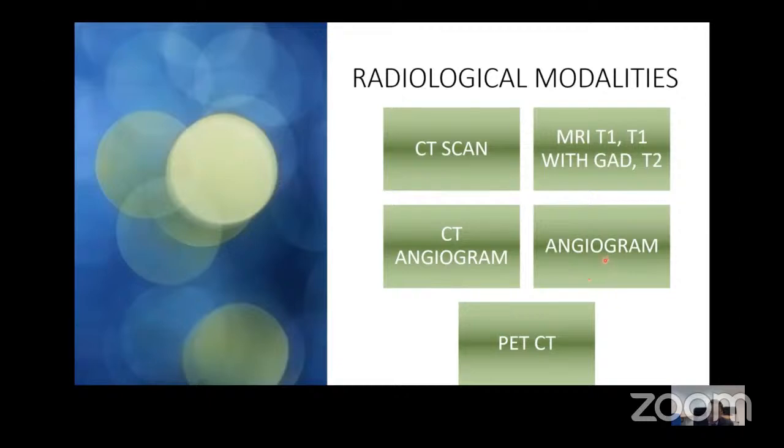Angiogram is again reserved exclusively for vascular lesions to identify the source of the blood supply to the tumor, and also for preoperative embolization, such as in a case of angiofibroma. PET-CT is used, just like in head and neck tumors, mainly for post-tumor treatment surveillance.